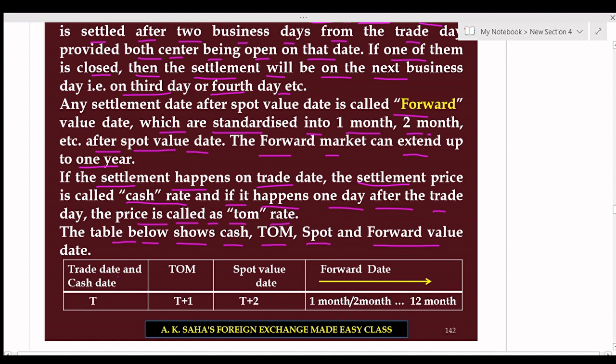Trade day and cash date: T, that is trade. TOM, tomorrow: T plus 1. Spot value date: T plus 2 business days. Forward date: 1 month, 2 months, up to 12 months.